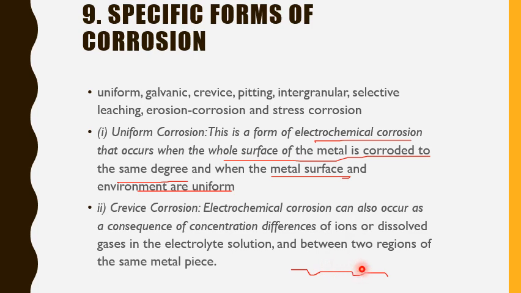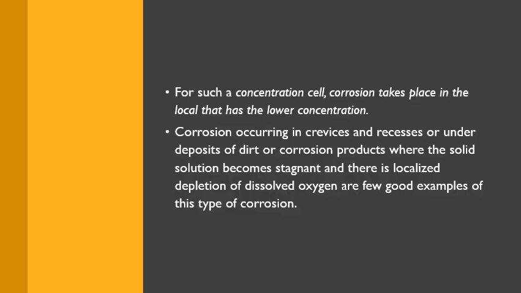So where there is a high concentration of electrolytes, more corrosion will take place at that region as compared to the other region. And this is a non-uniform type of corrosion, and this is called crevice corrosion because in different places crevices or depressions are formed, and this is due to non-uniformity of the environment on the whole surface of the material, and the surface of the material is also not uniform.